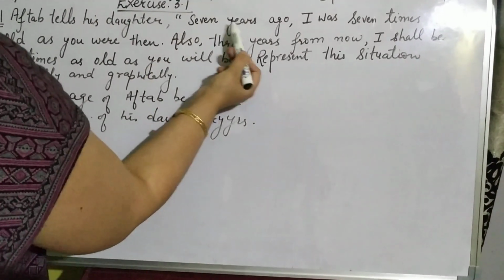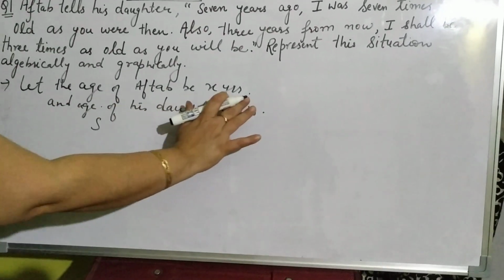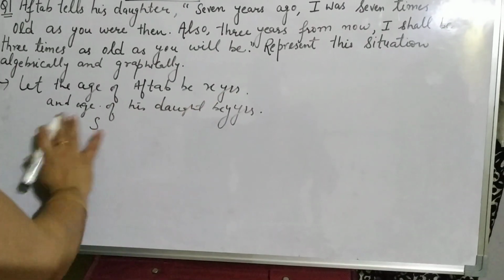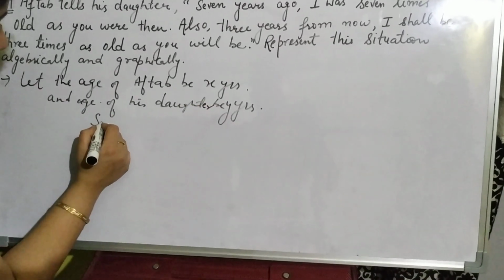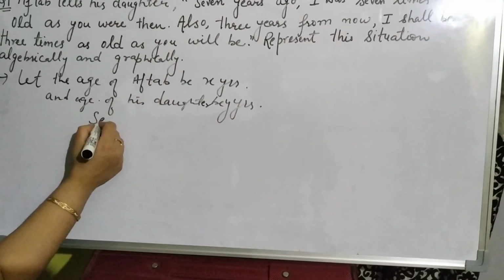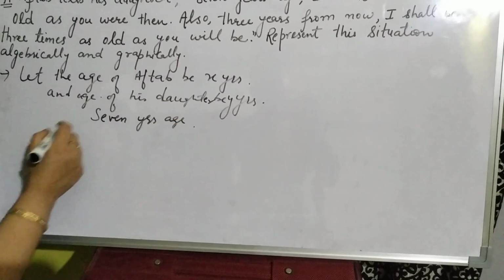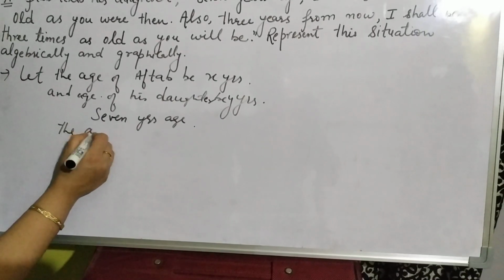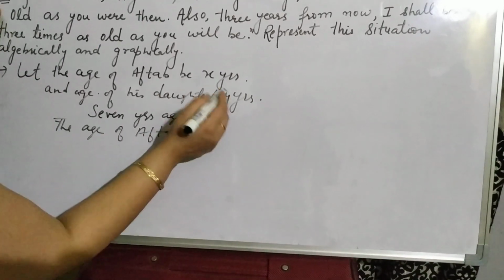First one is 7 years ago. Now 7 years ago, if the present age of Aftab is x years and present age of his daughter is y years, then 7 years ago the age of Aftab was x minus 7.